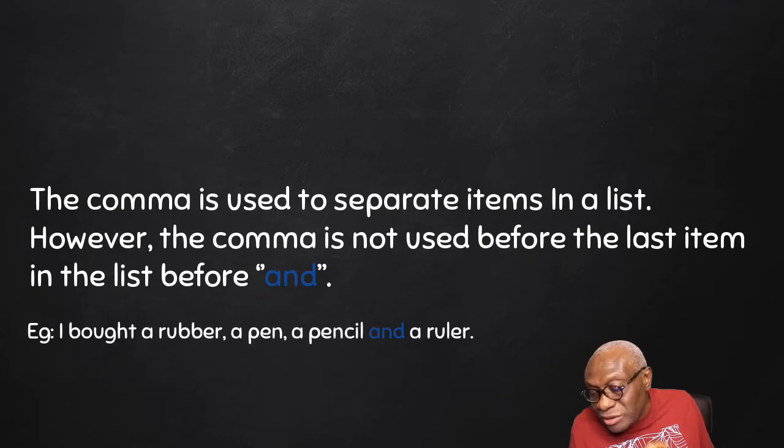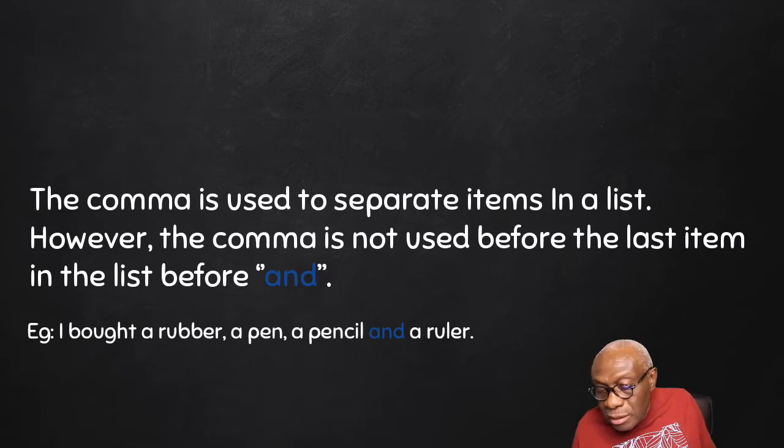Example: I bought a rubber, a pen, a pencil, and a ruler. Look at and. There's no comma before and, which is introduced in the very last item, which is the ruler.